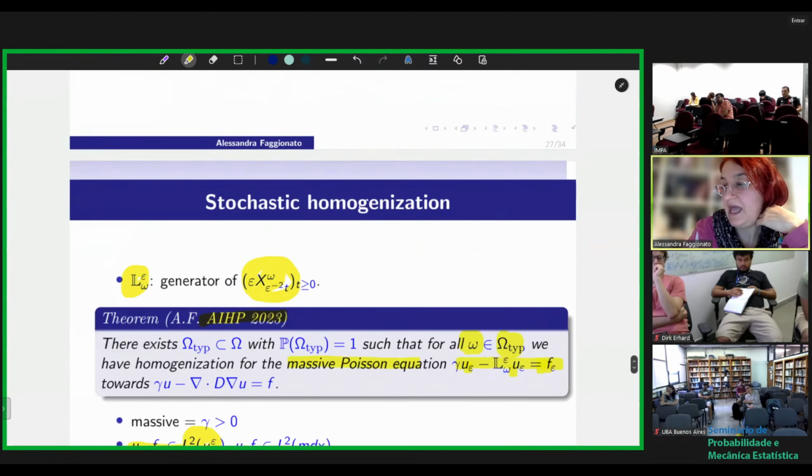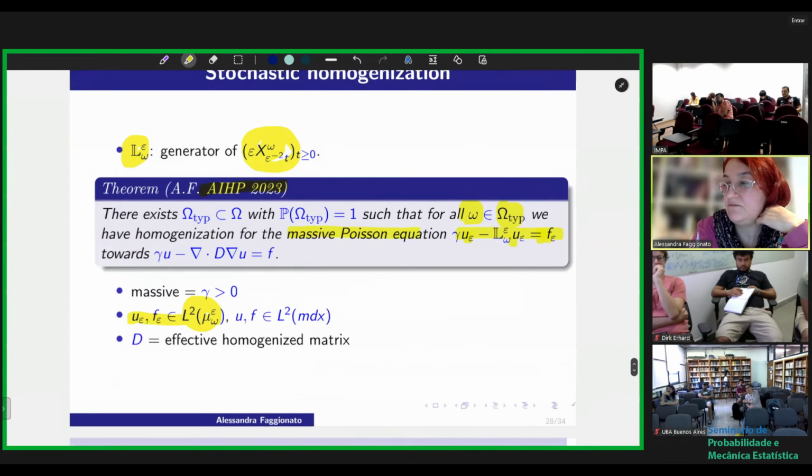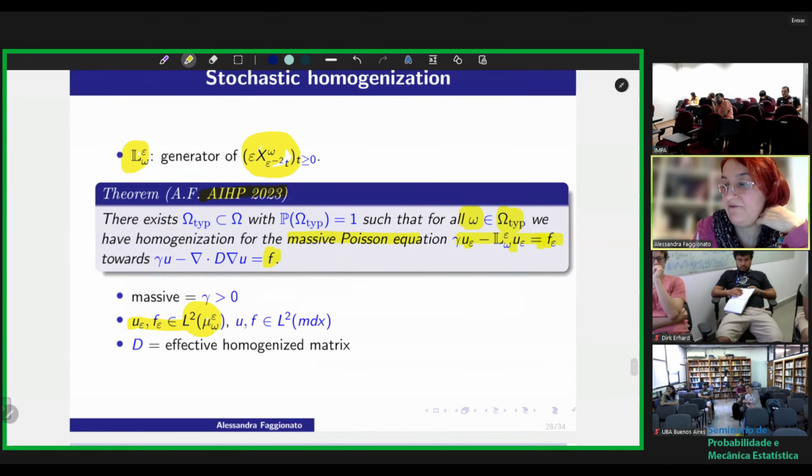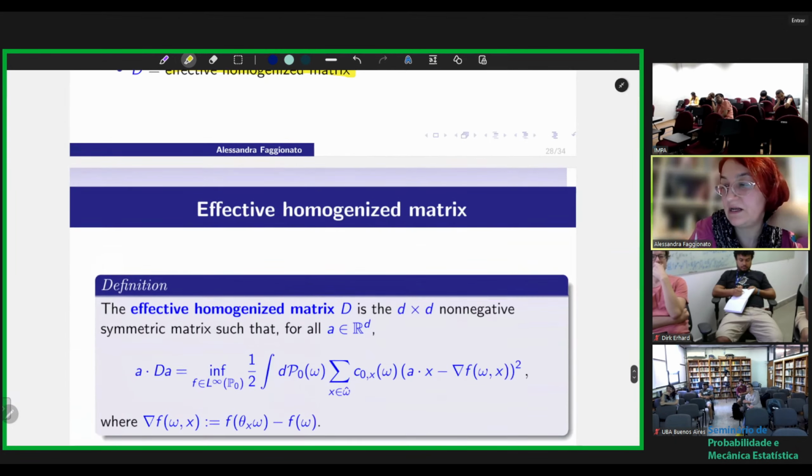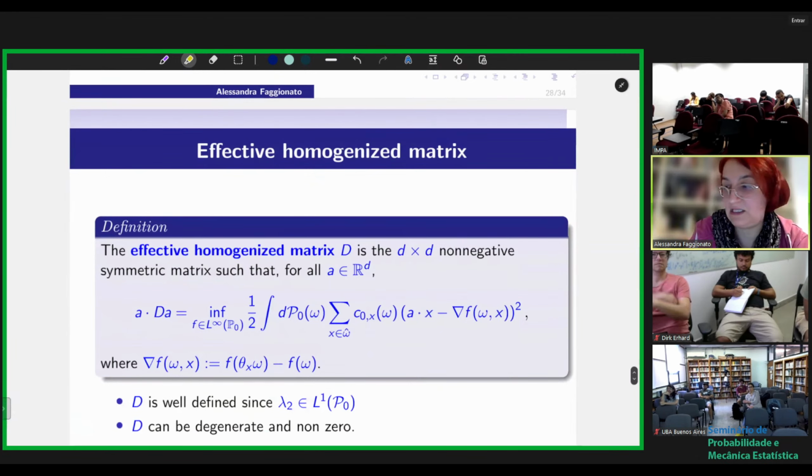Okay, and vaguely it means that if f epsilon is near to f, which is in another space L2 of the measure D x, then the solution u epsilon is near to u. And in this equation, D is the so-called effective homogenized matrix. It comes from homogenization theory. It has a variational characterization, and I don't enter into the details.